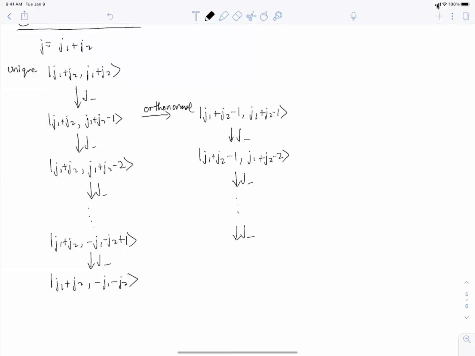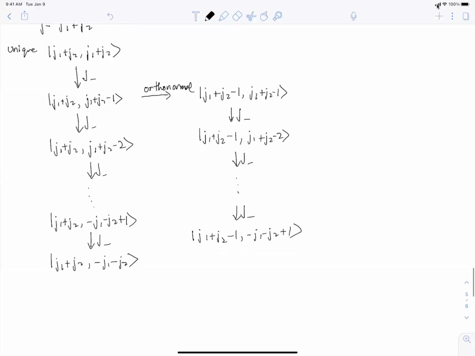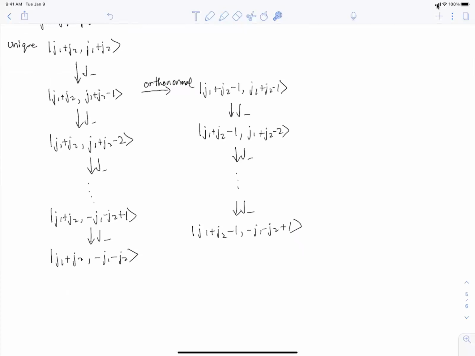Keep acting with J minus until you get this state, J1 plus J2 minus 1, minus J1 minus J2 plus 1. Okay, and as a check, at every stage, you can compare these different states to make sure they're orthonormal. Okay, so that one has to be orthonormal to that. But those are checks. You don't actually need them in order to do anything.